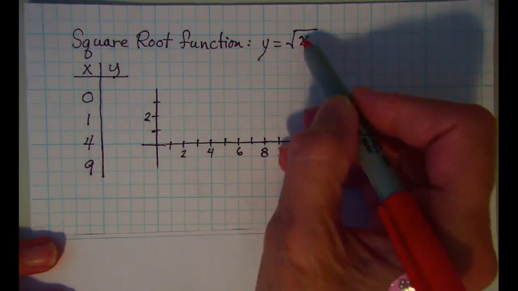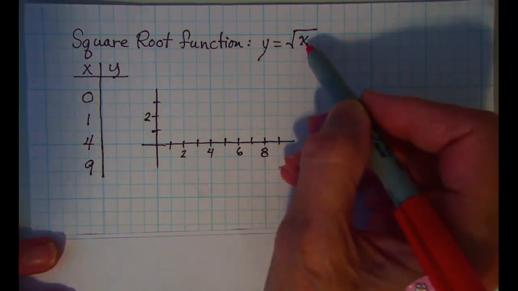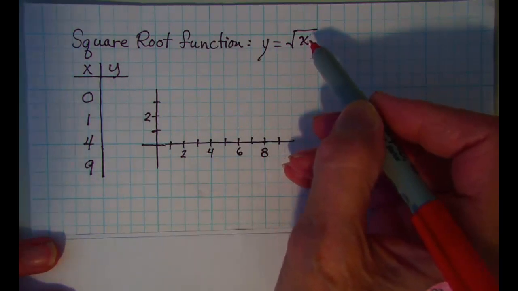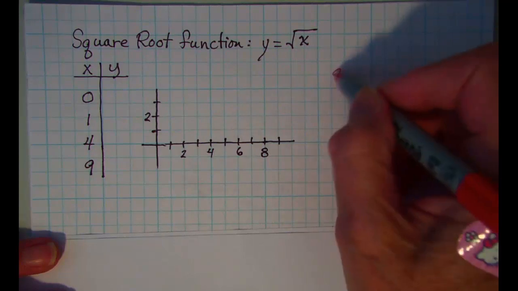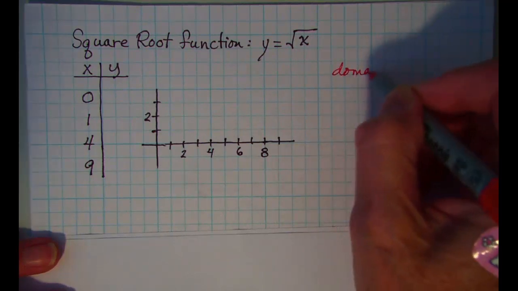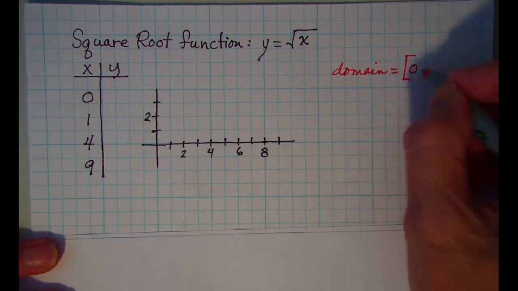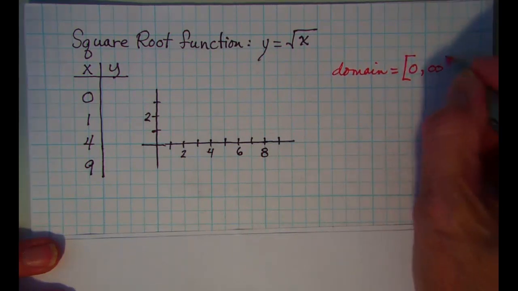So my domain is restricted to 0 and then positive numbers. So let me go ahead and write that now while we're talking about it. Domain is from 0 to positive infinity.